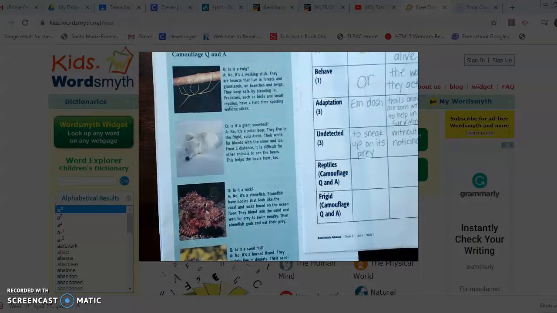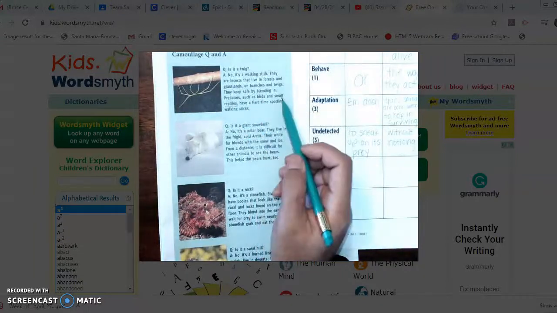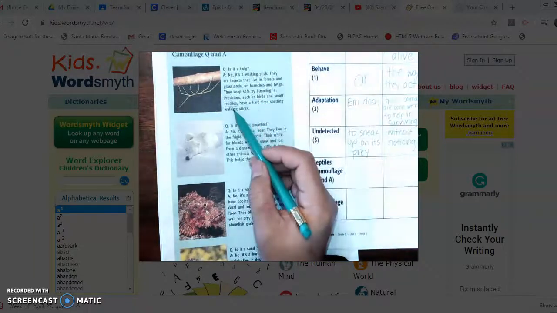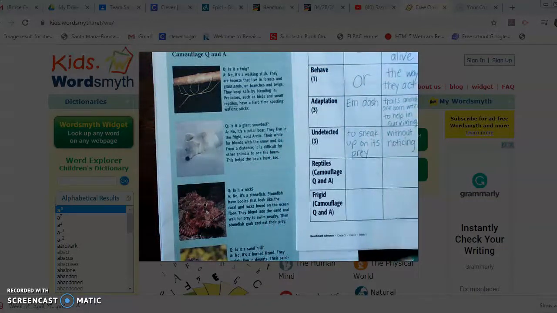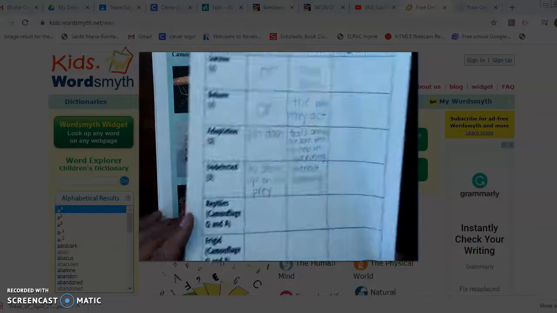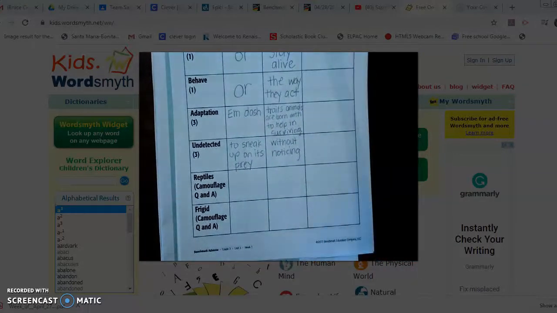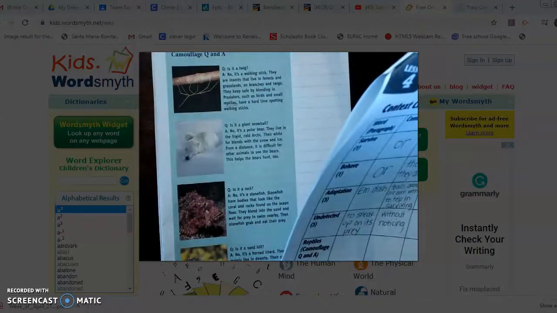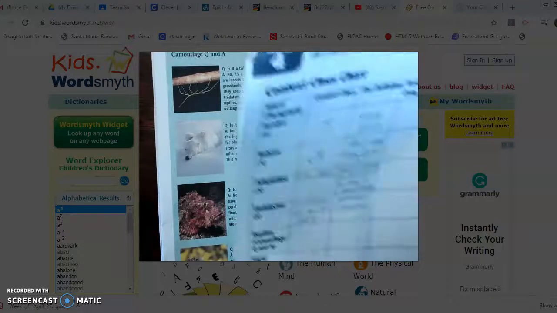So, let's see. Predators such as birds and small reptiles. So what context clues could I use to help figure out what reptiles mean? Well, I see it's right here where it says they are predators and they have a hard time spotting walking sticks.